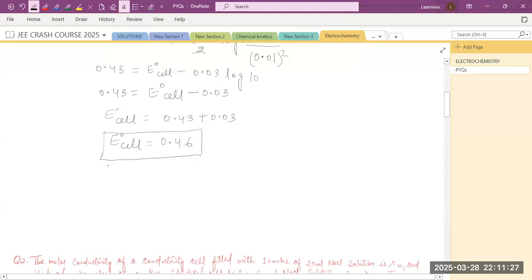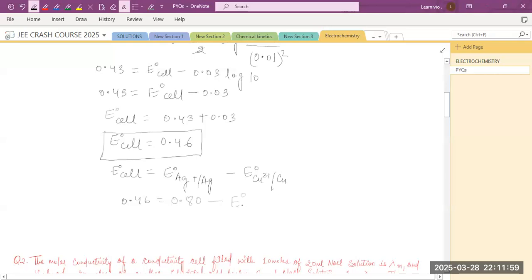Now, E naught cell will be equal to E naught of Ag at the cathode minus E naught of Cu2 plus at the anode. Now substitute the values. We have calculated E naught cell, which is 0.46, and the E naught of Ag is given in the question as 0.80.